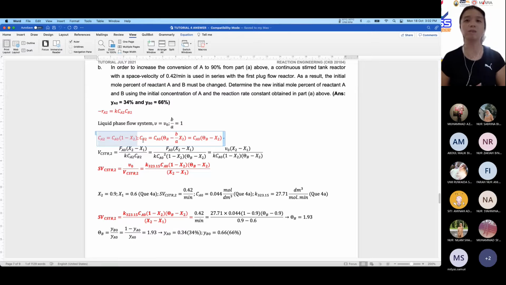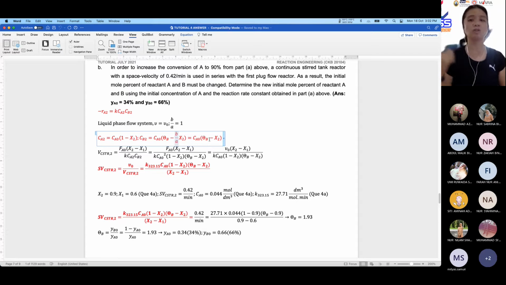CB2 pun sama. CB2 previously CA0 in bracket theta B minus B per A X. So now CB2 is equals to CA0 in bracket theta B minus B per A X2. Okay, so that's the case. Right, so B per A dalam saya punya example from the chemical reaction, our B per A is 1. So stoichiometric coefficient untuk B adalah 1.